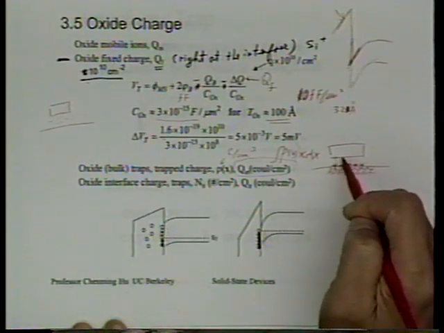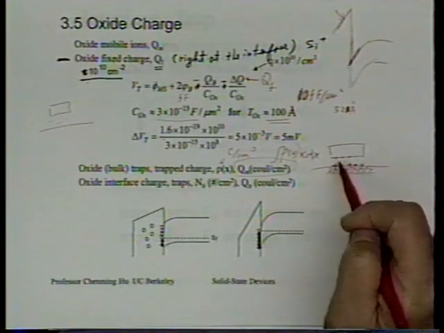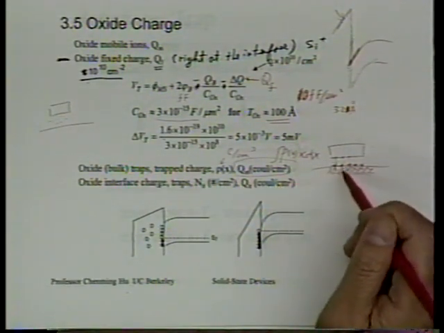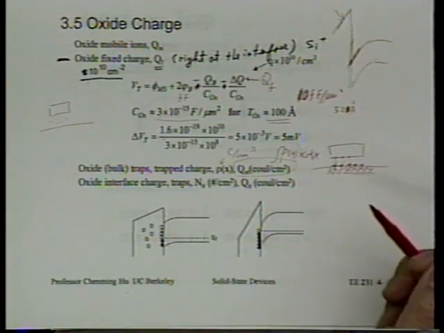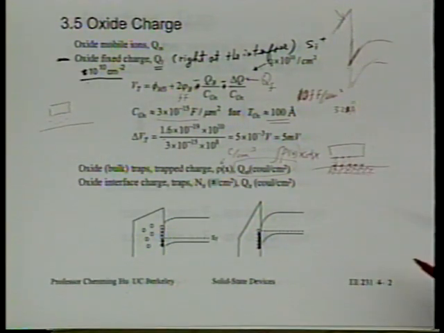Charge right next to the gate interface has no impact. In between, it has half the impact on delta VFB and VT.